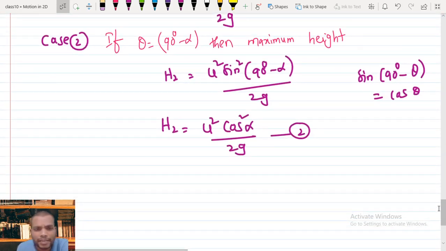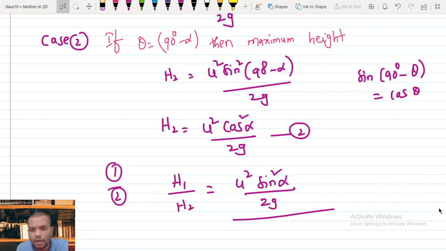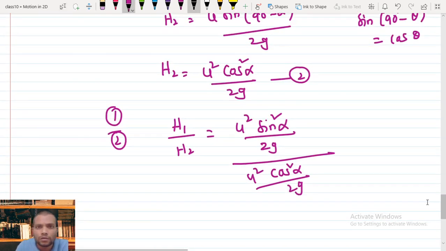We need to find the ratio. It means we need to divide 1 by 2. So h1 upon h2 equals u square sine square alpha upon 2g, divided by u square cos square alpha upon 2g. Now you cancel u square and 2g.